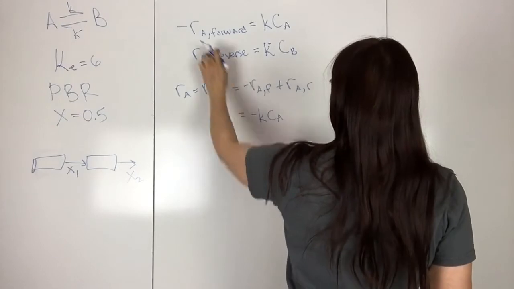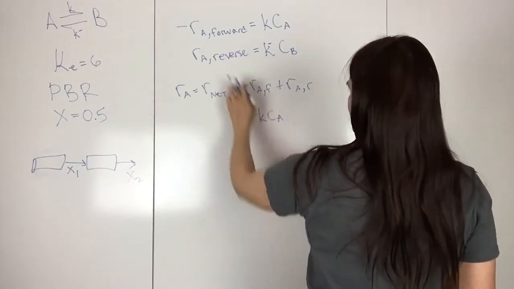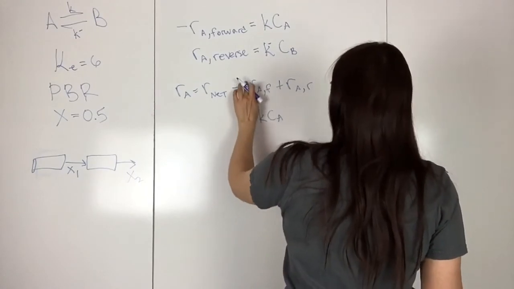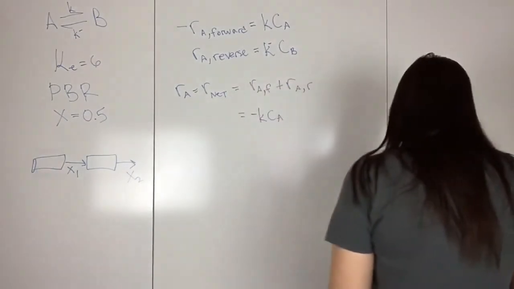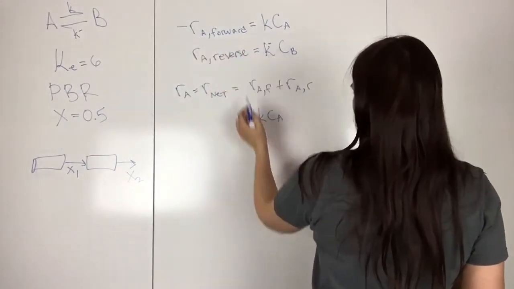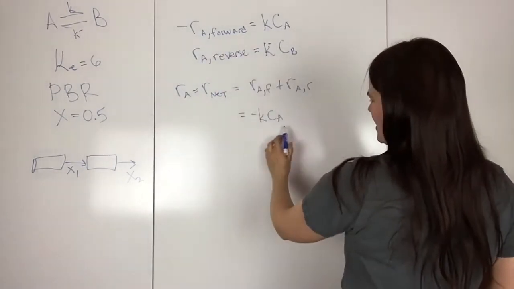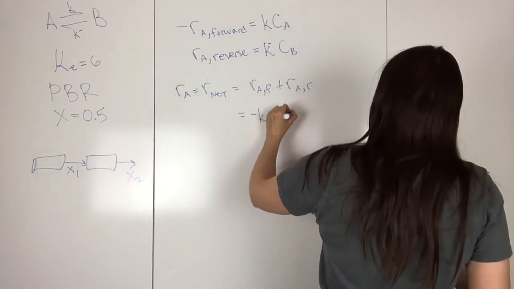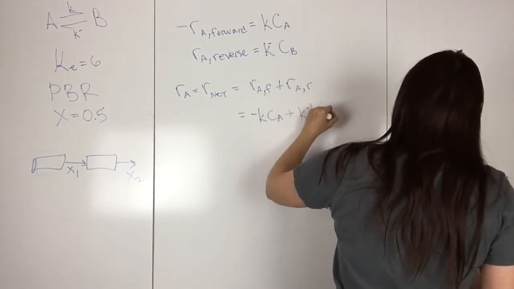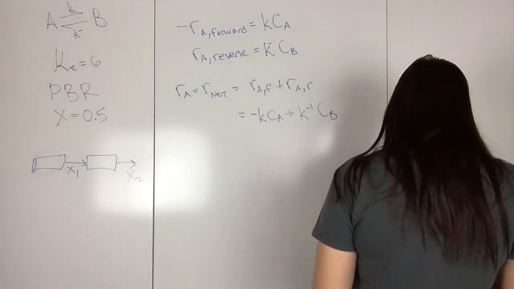And remember, this is negative because it is the rate of disappearance, but the way it's written here, it's the rate of formation, so that would have to be negative. So k minus 1 CB.